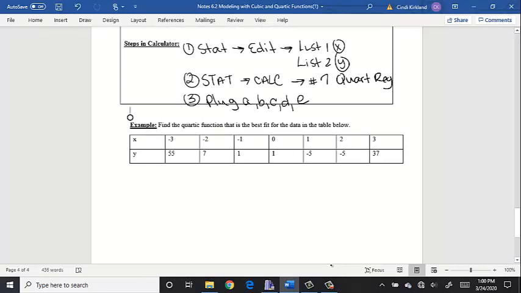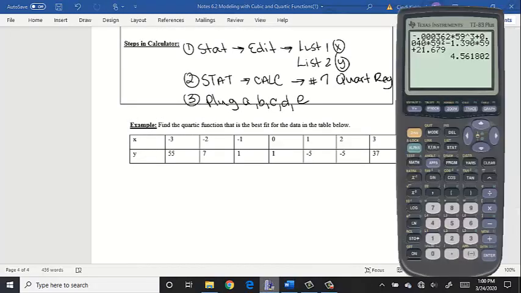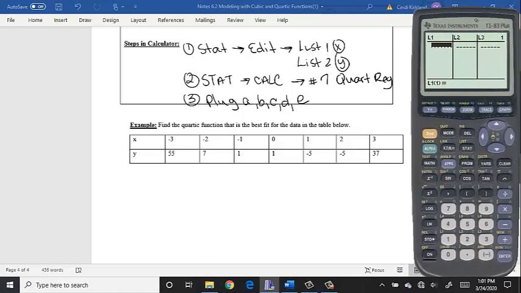It says find the quartic function that is the best fit for the data in the table below. So we're going to go back to our calculator. I'm going to clear out all of my data. So I'm going to go to Stat and I'm going to go to Edit. I'm going to clear out that data. And I'm going to re-enter the data for this example. So we're going to enter our values for x.